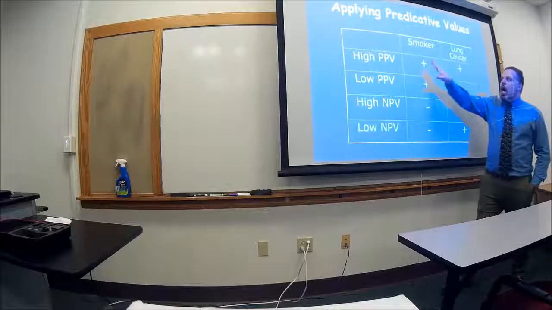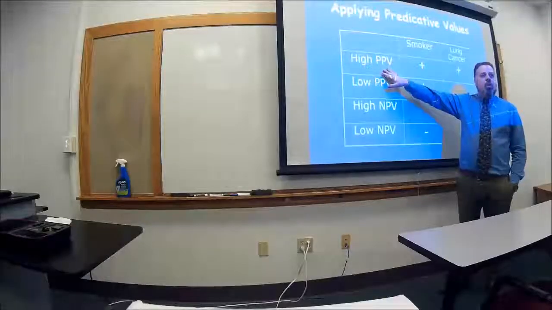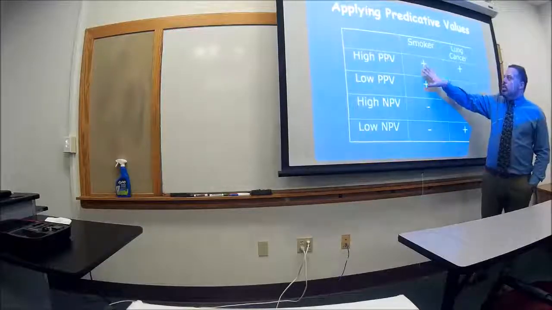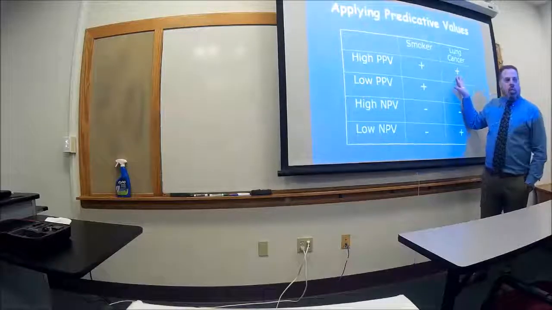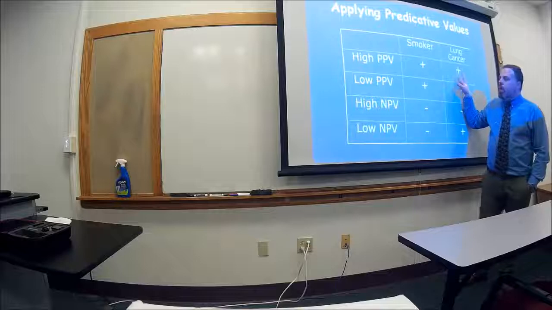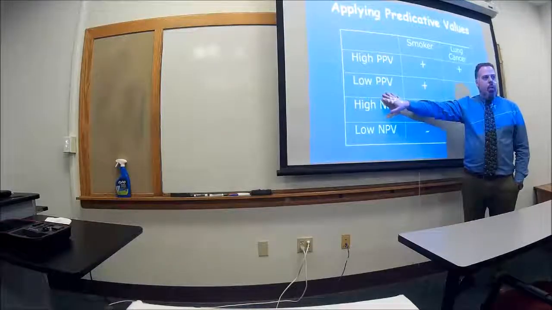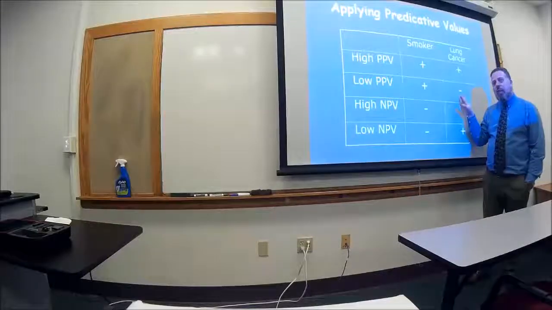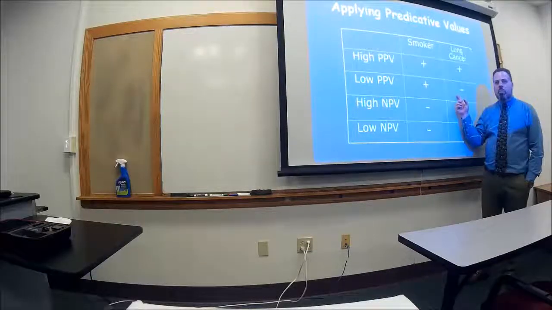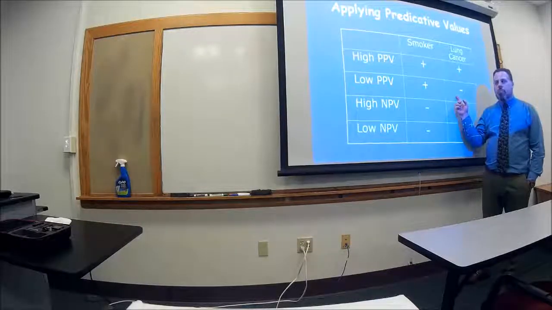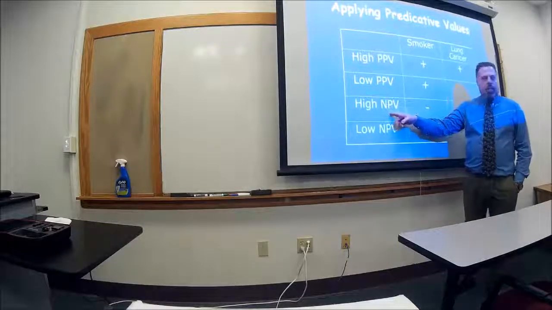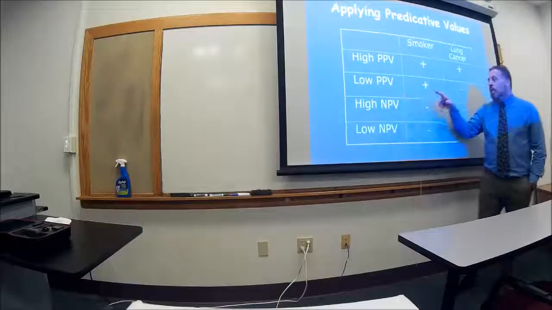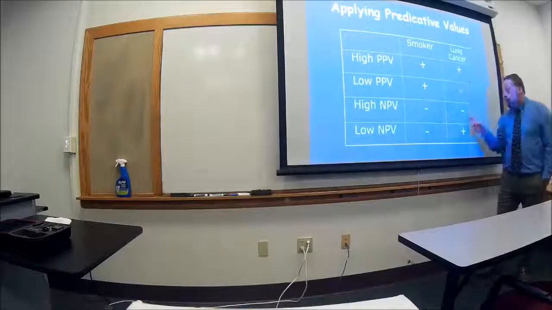So a high positive predictive value states that he is a smoker, he gets lung cancer. Okay? A low predictive value says that he's a smoker, but he doesn't get cancer. There's no correlation. Okay? A high negative predictive value says that he's not a smoker and he shouldn't get cancer.